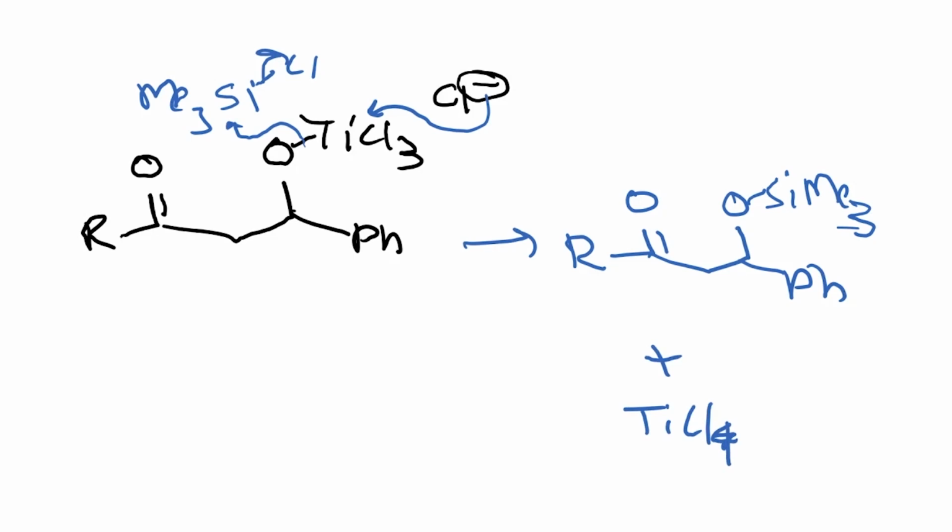Now there are many versions of this mechanism, and they all have some common features. For example, this proposed mechanism really may not be completely accurate, but there are some aspects of this reaction that are important for us to discuss.